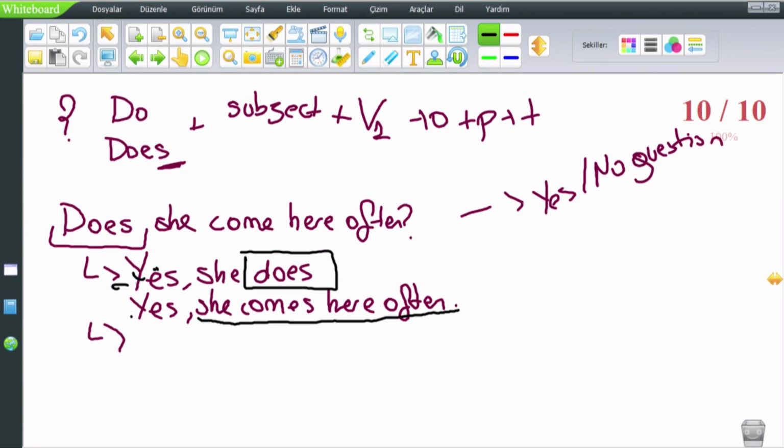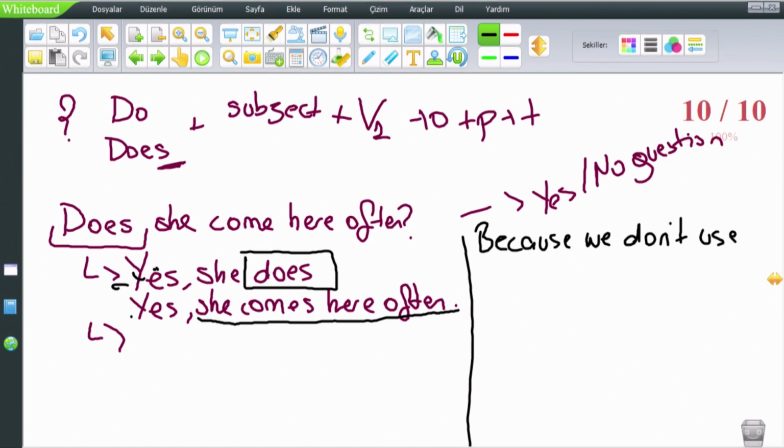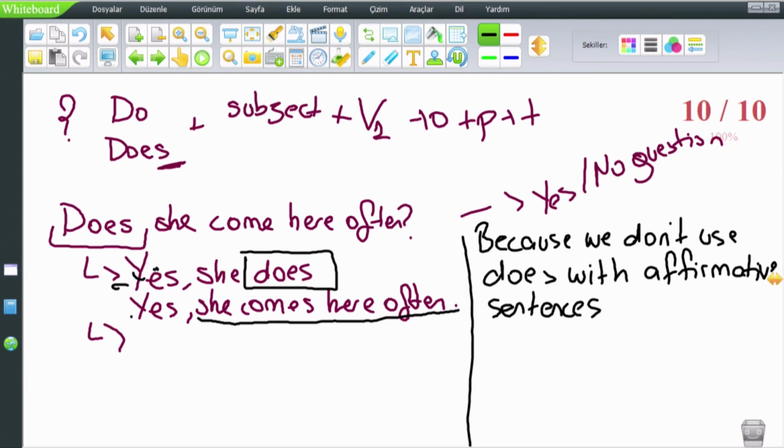That's why there is no does in it, because we don't use does with affirmative sentences. And that's why we omit does in the long answer.